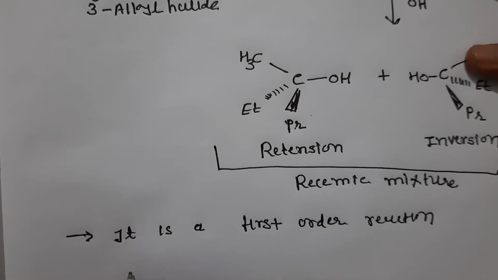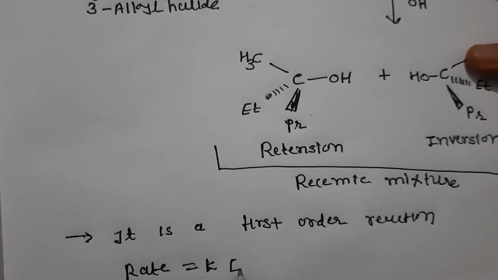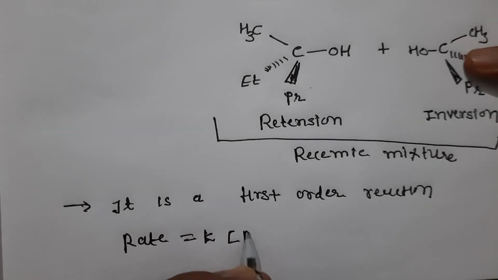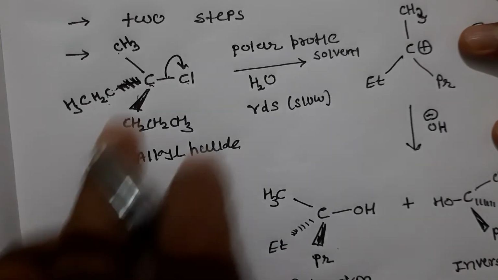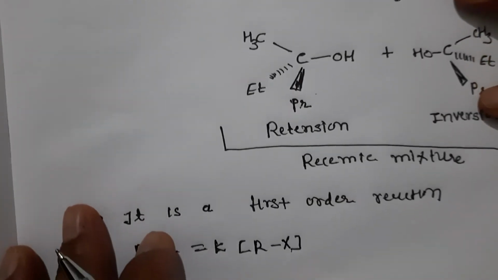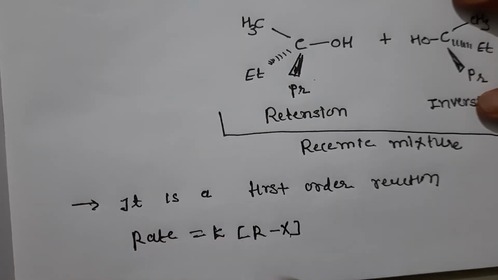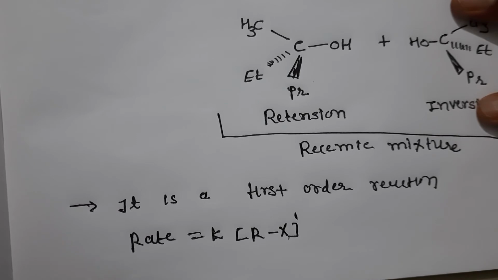According to chemical kinetics, rate is equal to k[RX]; the rate only depends on the alkyl halide, and we can take any alkyl halide. The rate does not depend on the nucleophile. That's why it is a first order reaction.